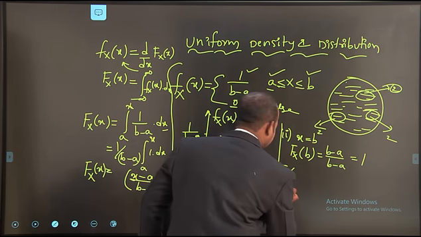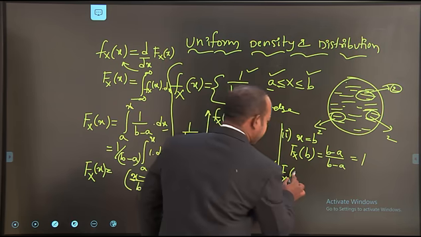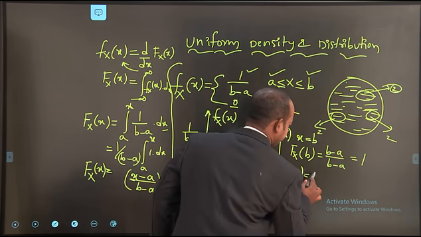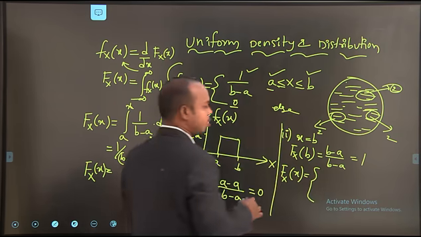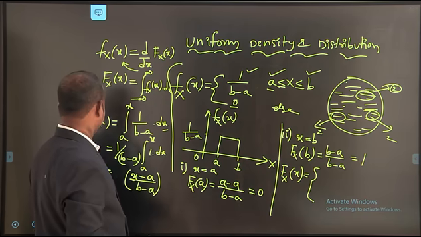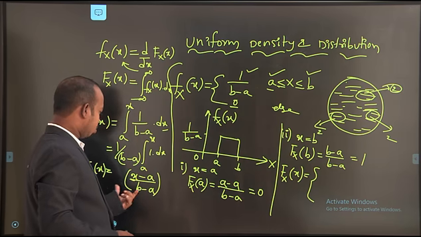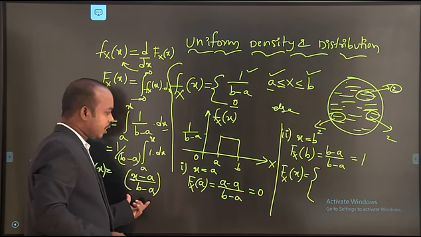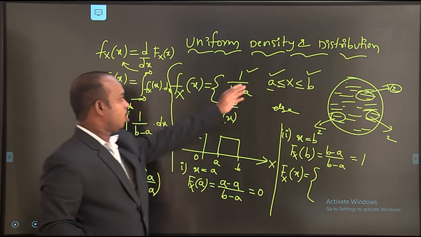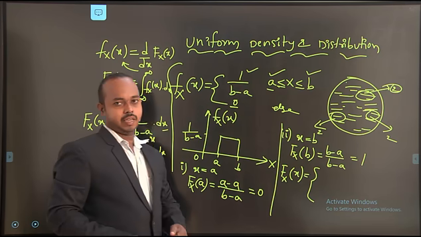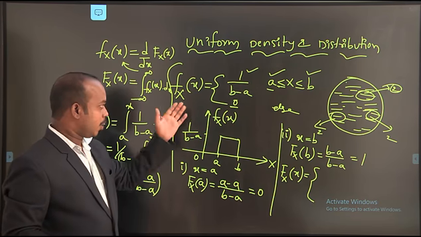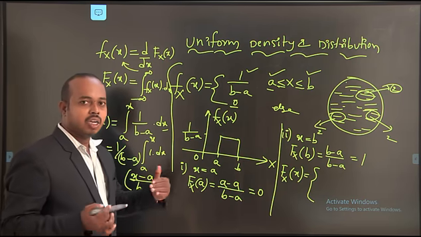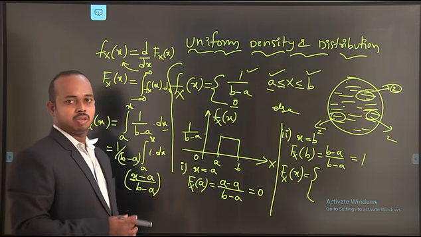Now I am writing that the capital F_X(x) is equal to x minus a divided by b minus a. We have to take the limits: the lower limit is a and the higher limit is x. Based on these values, we finally conclude the uniform distribution function.